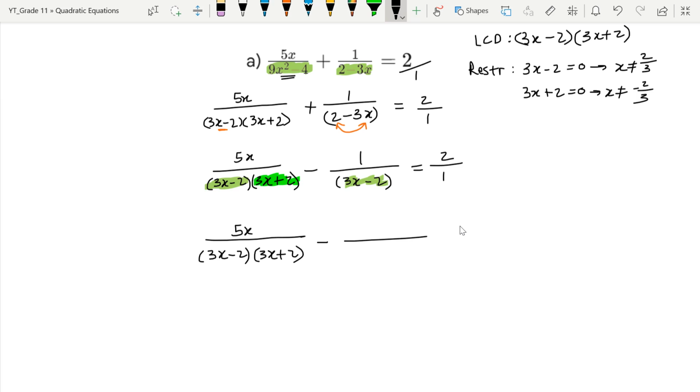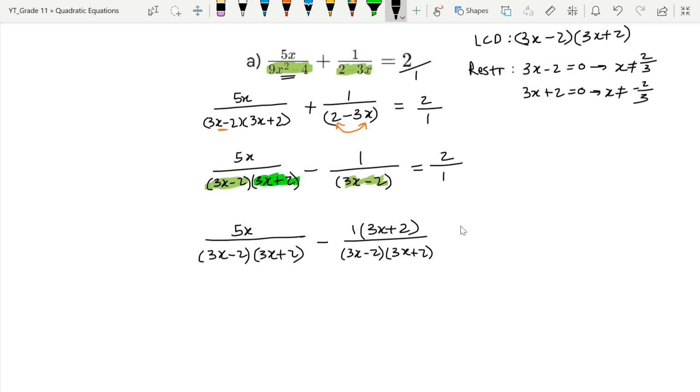This one over here, to make it the common denominator, I know that many of you try and skip steps, but I like to just write it all down. So to get from a denominator of 3x minus 2 to (3x minus 2)(3x plus 2), I need to multiply at the top by 3x plus 2 as well.